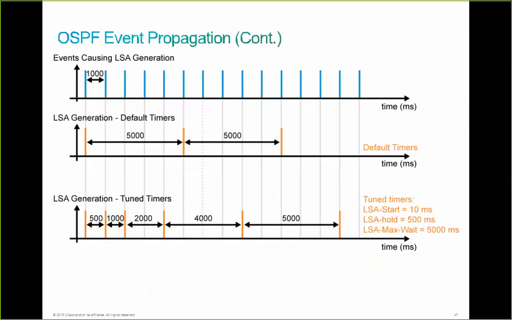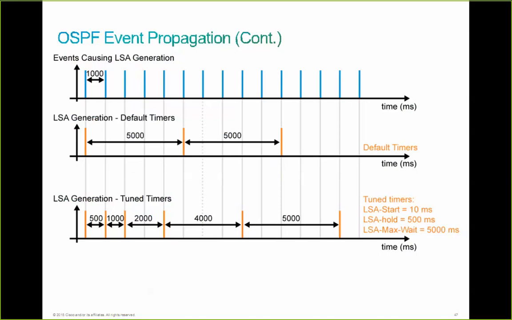We assume that every second an event happens that causes some sort of new LSA to be generated. Now, with the default timers, that initial LSA will be generated after 0 milliseconds, and then there will be a 5-second wait until we see our successive LSAs. Those are our default timers, right?